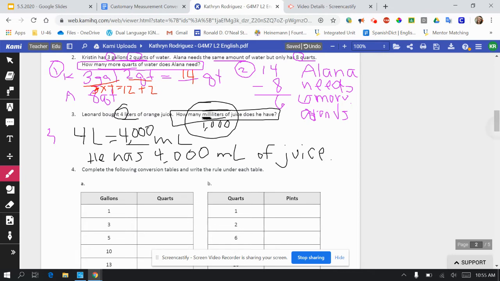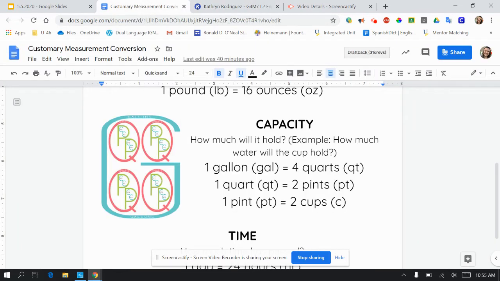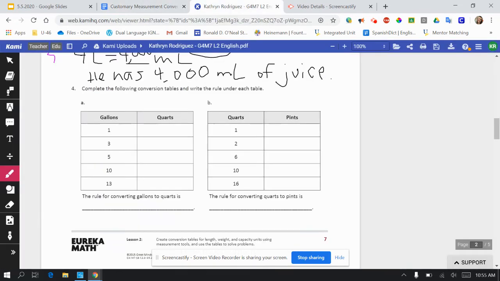There we go. Number 4 will feel a lot like our practice sheet, but that's okay, because the more we practice this, the more familiar we'll become and the more likely we will be to memorize or remember. The purpose here is to remember. 1 gallon equals how many quarts? You're welcome to go back and check in the measurement conversion chart. 1 gallon equals 4 quarts.